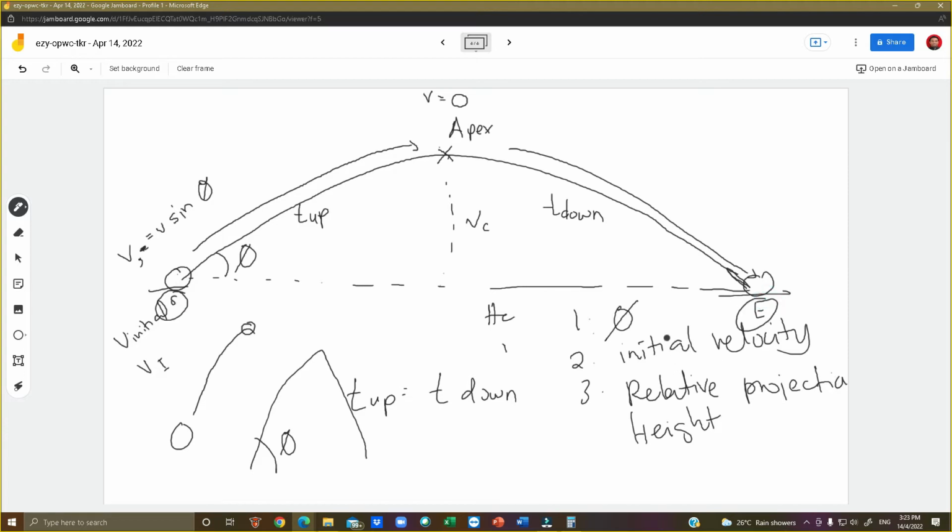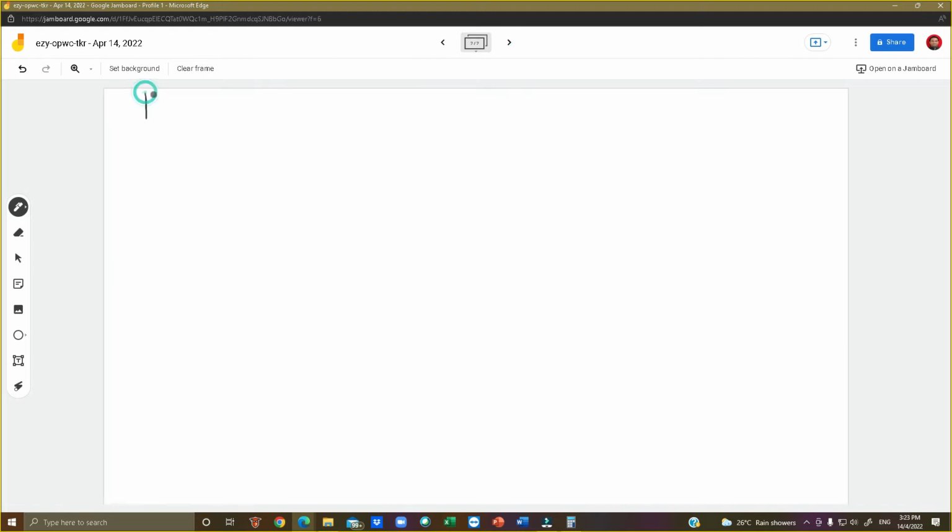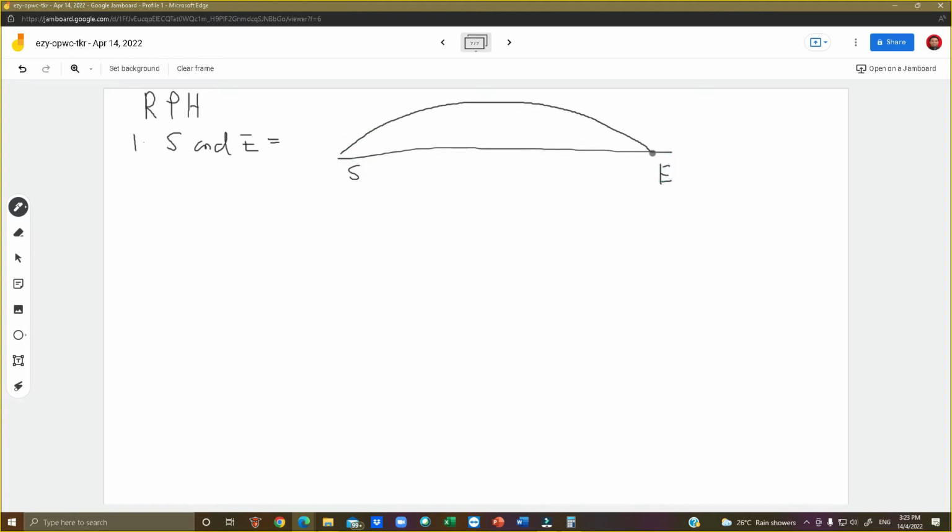So there are 3 conditions for relative projection height. The first condition is where start and end are equal, like just now. So you're going to get quite a good projection.